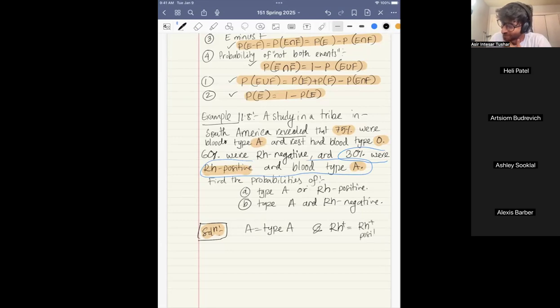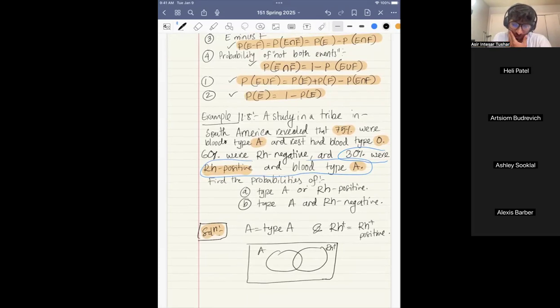If I want to draw a Venn diagram, this is how it should look: A, Rh positive.